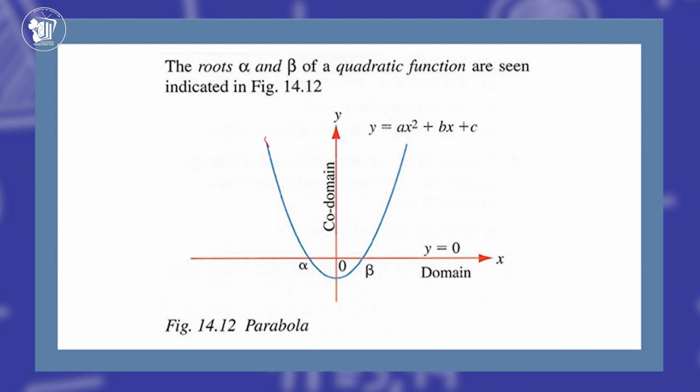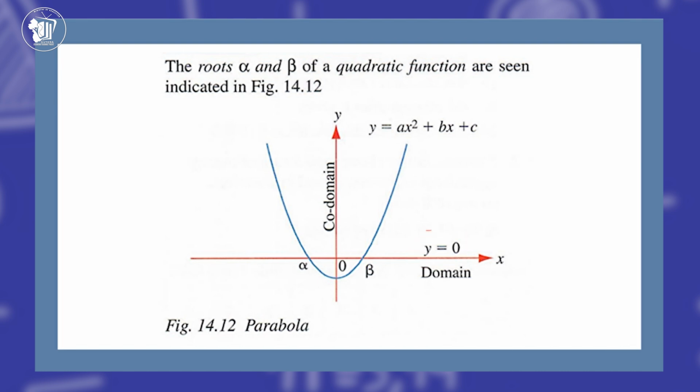The roots will be the parts where the quadratic function crosses the line y equals 0, which is this line here. So the roots will be at this point and at this point. That is where the function crosses the x-axis. So that is how we can identify the roots on a graph: the points at which the function cuts the x-axis, or cuts the line y equals 0.